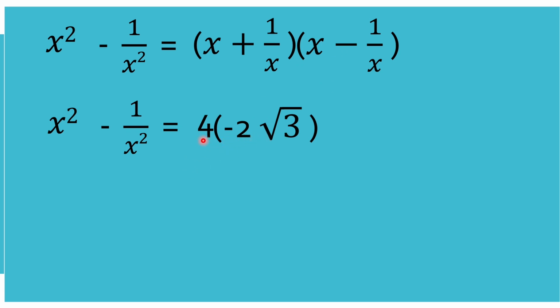Now we will multiply this 4 with this minus 2 under root 3. So our equation will become x square minus 1 over x square equals minus 8 under root 3. So this is the required value, x square minus 1 over x square equals minus 8 under root 3, and this is the required solution of this question.